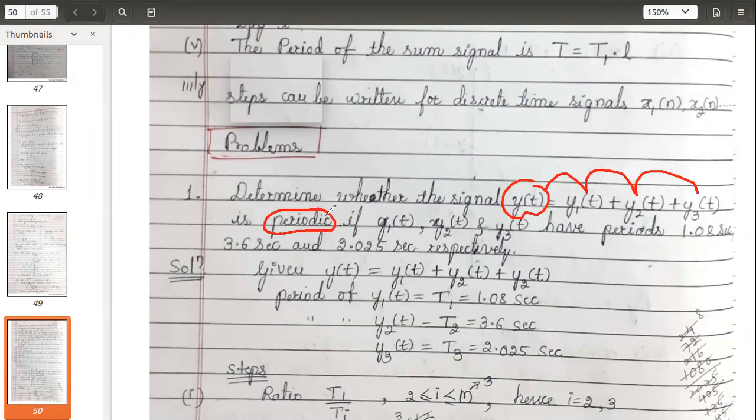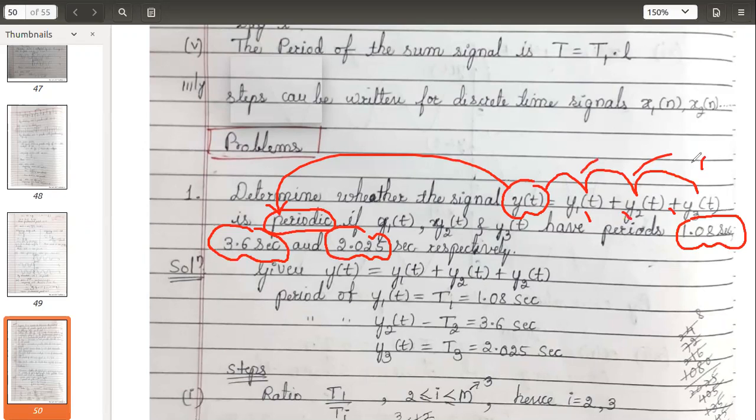It is the sum of 3 signals, y1 plus y2 plus y3, and they have given you individual time periods. y1 has 1.08 seconds. y2 of t has 3.6 seconds. y3 has 2.025 seconds. So 3 different time periods they have, and it is the sum of the signals. So 5 steps have to be followed. Okay.